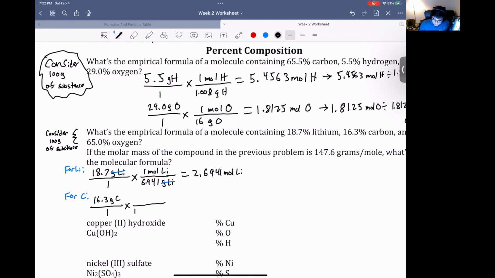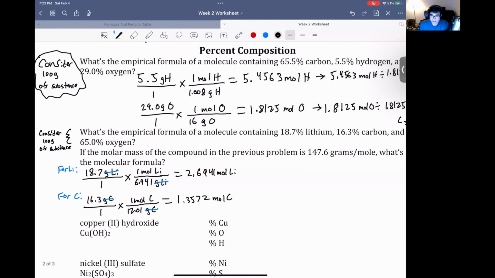The molar mass is 12.01 grams of carbon for 1 mole of carbon. Let's see what we get. This is 1.3572 moles of carbon.